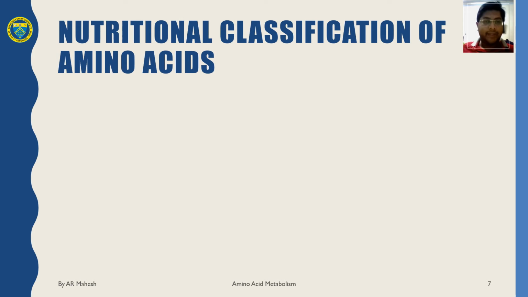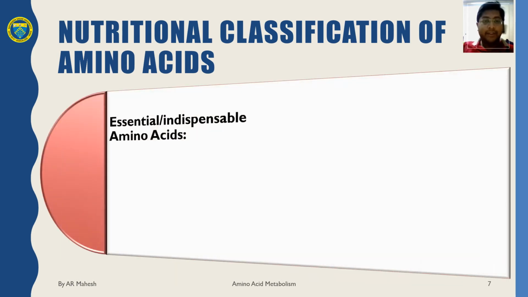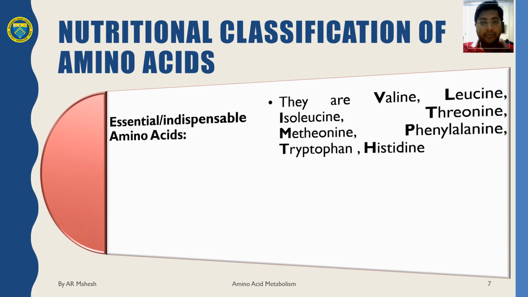Classification of amino acids also includes essential amino acids or indispensable amino acids. These are amino acids which cannot be synthesized by the body and therefore need to be supplied through the diet. They are required for the proper growth and maintenance of an individual.